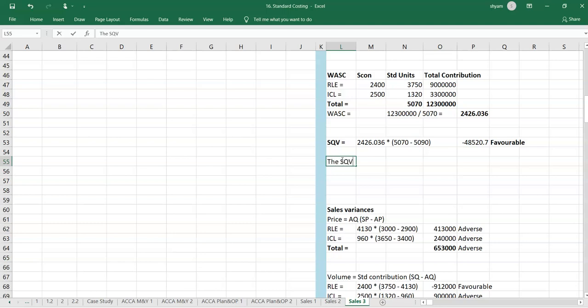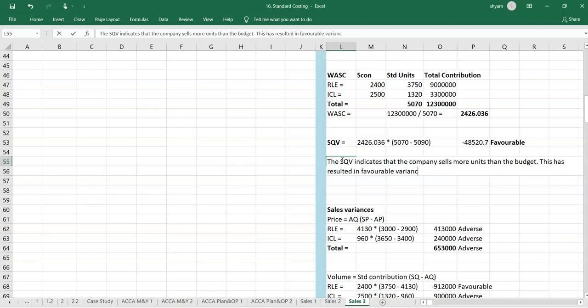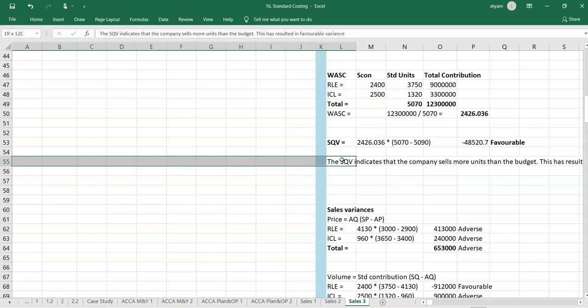The sales quantity variance indicates that the company sells more units than the budget. This has resulted in a favorable variance.